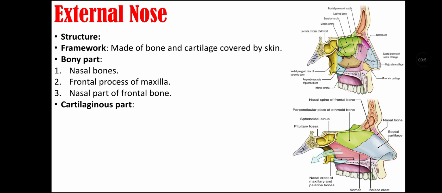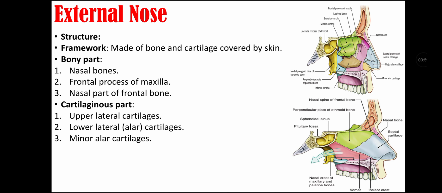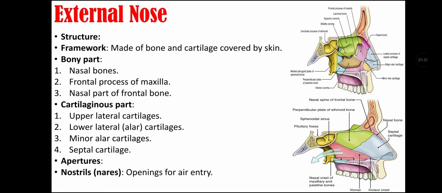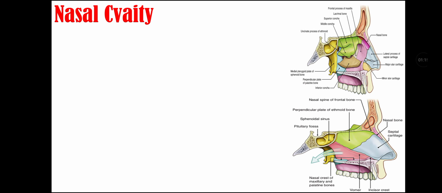While cartilaginous part of this framework include upper lateral cartilages, lower lateral cartilages that are also called as alar cartilages, minor alar cartilages and septal cartilages. Aperture of external nose is called as nostrils or nares that is opening for air entry. These nostrils are separated by columella that is lower part of nasal septum.